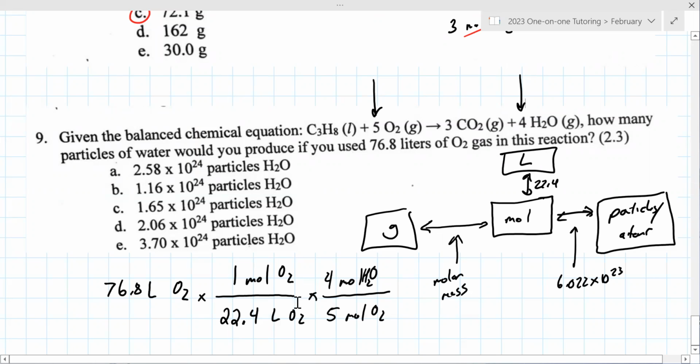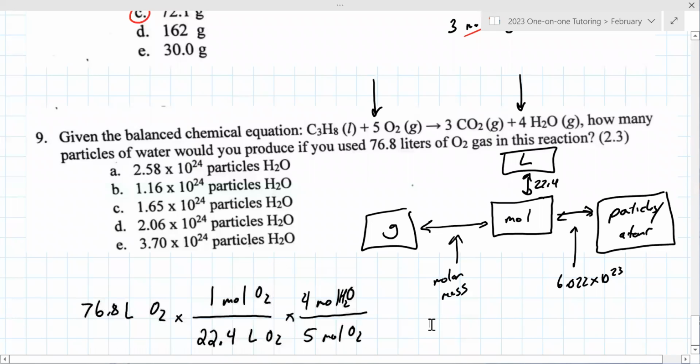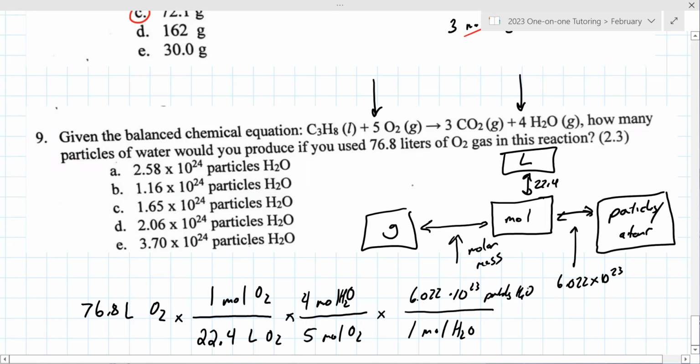So 4 moles of H2O on the top to 5 moles of O2 on the bottom. Now you're left with moles of H2O, and then 1 mole of H2O is 6.022 times 10 to the 23rd particles of H2O.